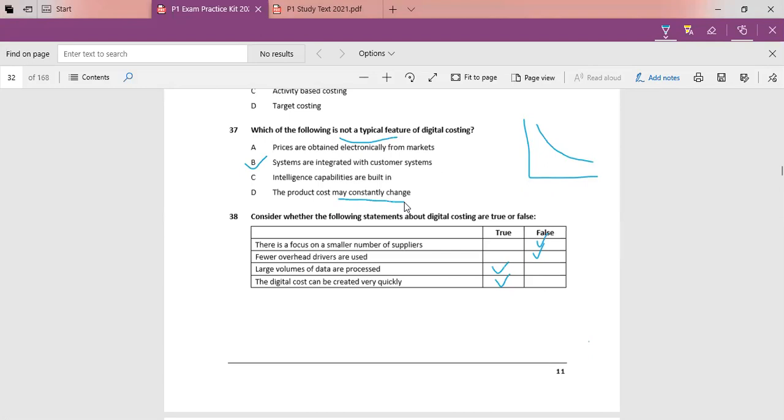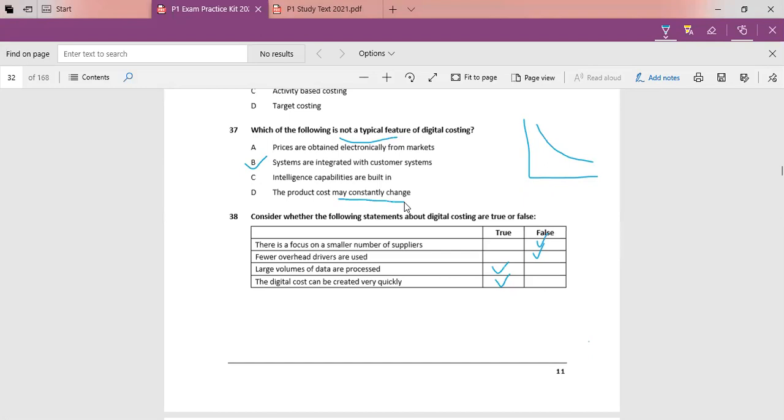Systems are integrated with the customer systems, so they are integrated for some benefit, but the intention is not to be integrated with that. Even without being integrated, the costing part is still accounting for the cost of those digital products.